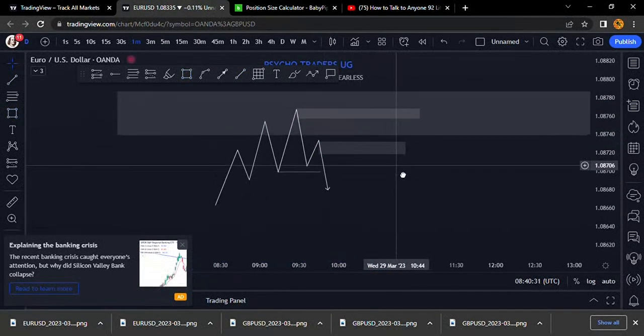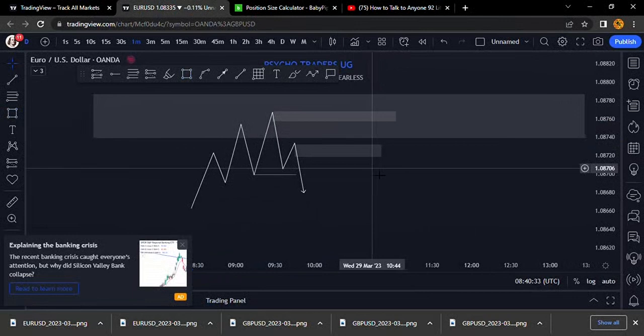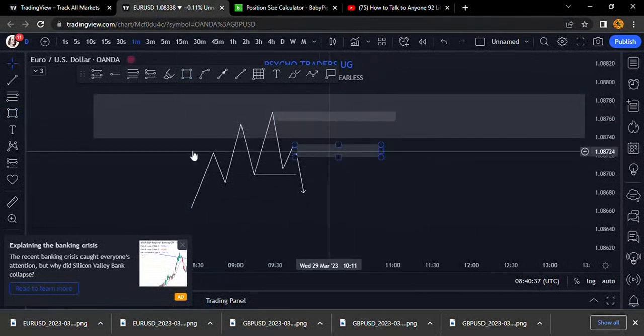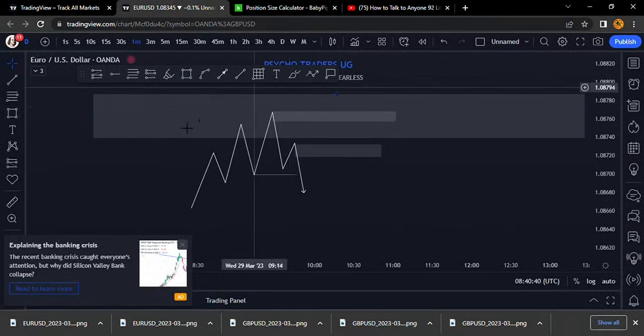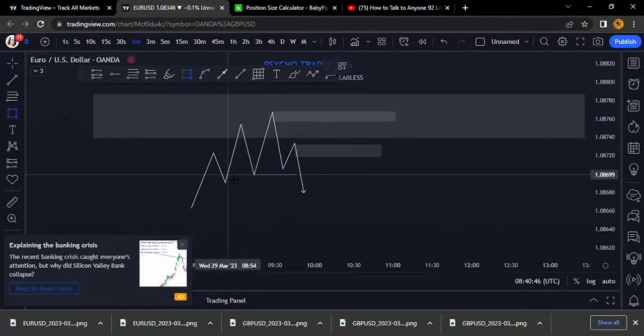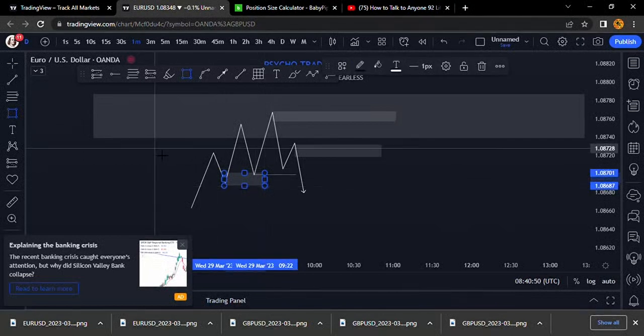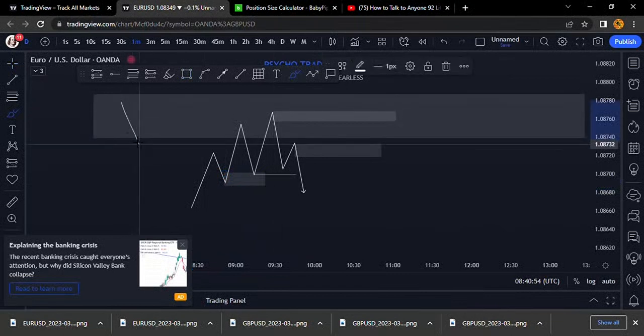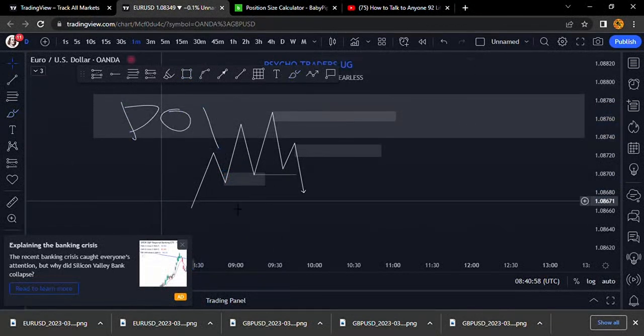Remember, if you have gotten confirmation, let me say on the lower time frame, like the 1 minute, you don't need further confirmation. You just enter aggressively because you have already gotten your change of trend. You have already seen that the trend is changing from this POI. So first of all, you have already gotten your confirmation from the POI right here, and you want to get involved.